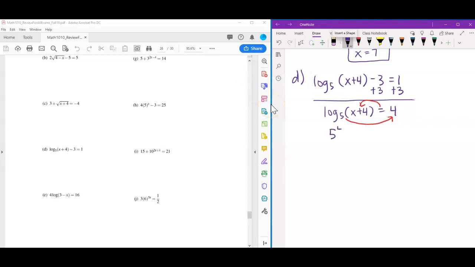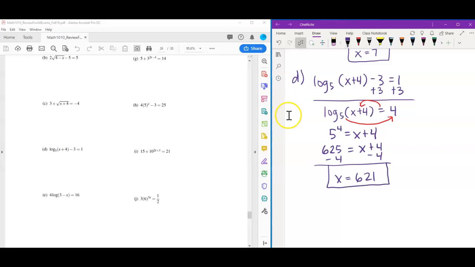Write it down here. 5 to the 4th power equals x plus 4. So 5 to the 4th power is 625. And then to get x by itself, let's subtract the 4 over. So x is going to equal 621.